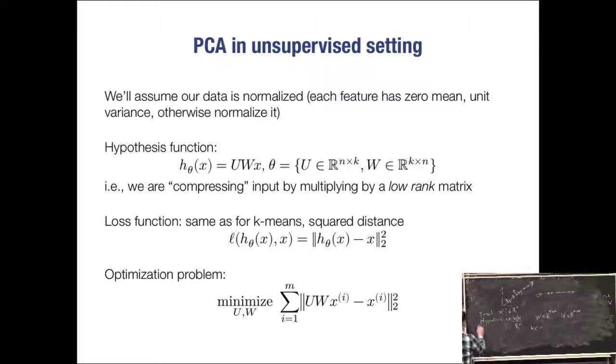Okay, so this is my hypothesis class. My hypothesis is h_theta(x) = UWx, where my parameters theta are just shorthand for U and W. The loss function is going to be squared loss as before.